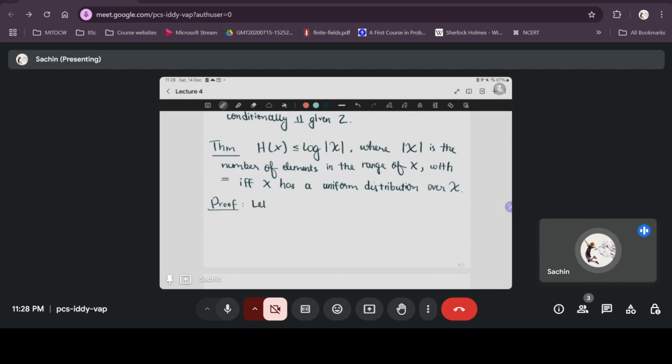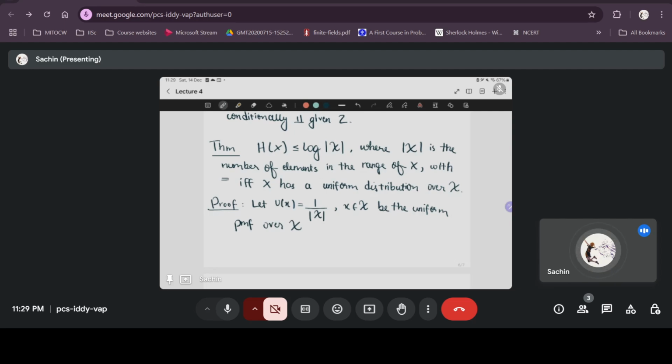For the uniform distribution, we'll say it's u of x, and u of x will have a constant value 1 over cardinality of x for all values in the script x. So that is called a uniform distribution or a uniform PMF over script x.